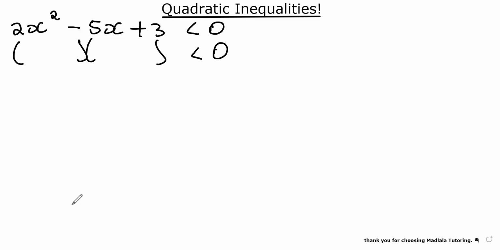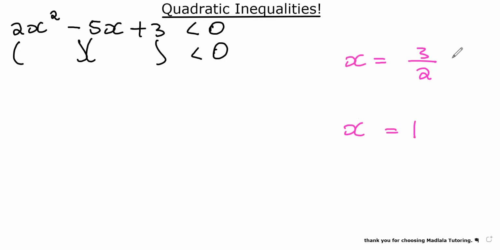You go to your calculator and say negative into negative 5 plus the square root of negative 5 squared minus 4 into 2, and then you times this by 3, and you divide everything by 2 times 2. So we find that x equals 3 over 2, or x equals 1. That's fine.